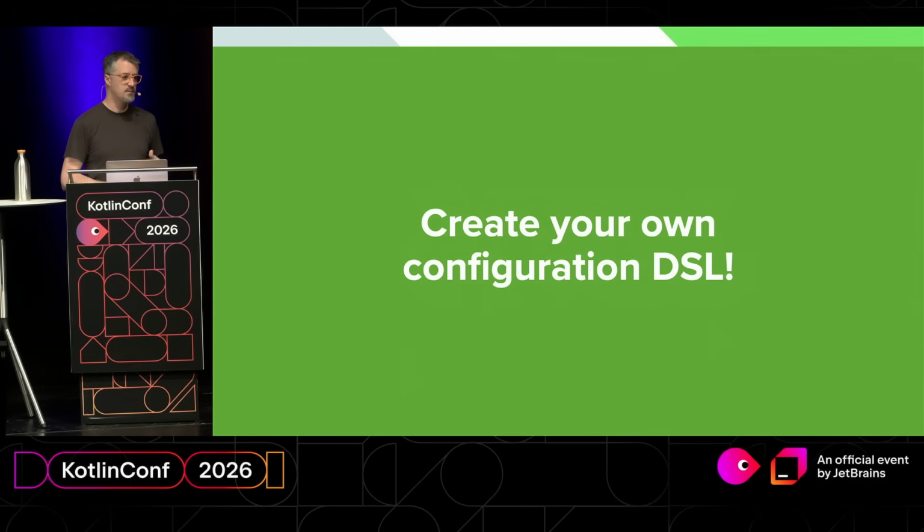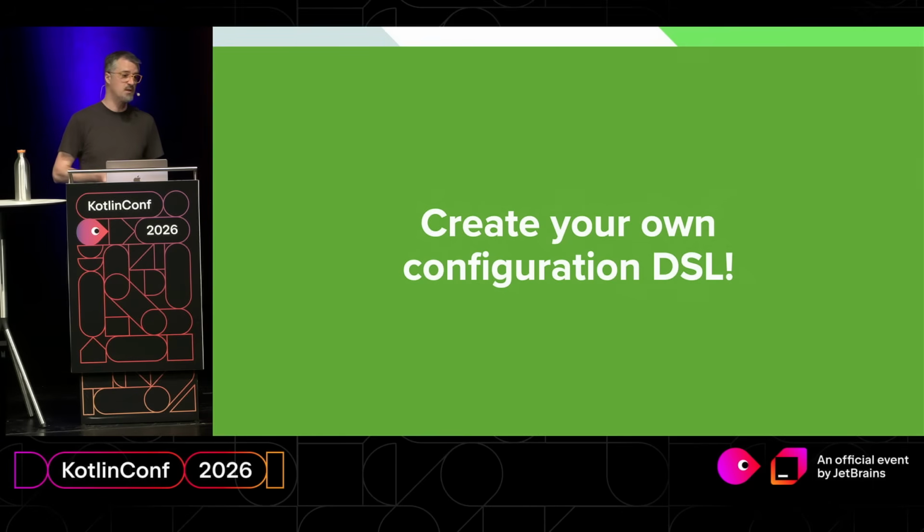But the biggest feature of this bean registrar thing is not necessarily just declaring beans with a slightly better Kotlin DSL than the Java capabilities. It's creating your own configuration DSL. Basically, the reason why I push the bean registrar DSL infrastructure is to allow you to provide your custom API to configure your application.